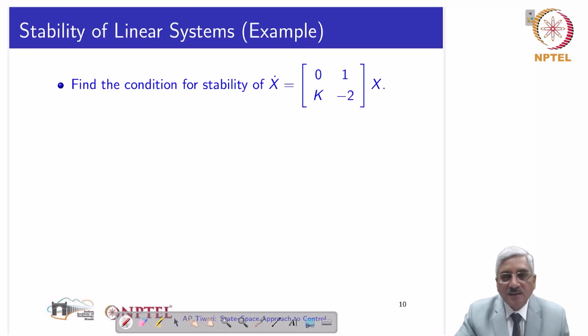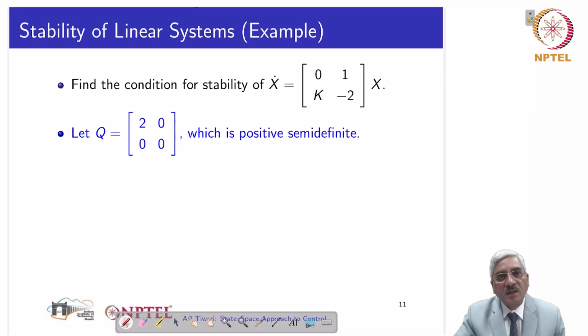Now we apply that to this second order system. x1 dot is x2 and x2 dot is Kx1 minus 2x2. We have to find the condition of stability of this system.